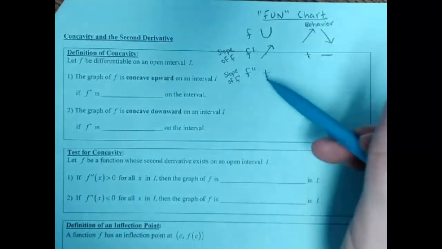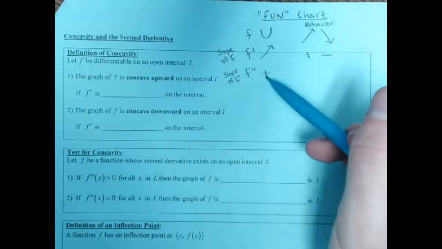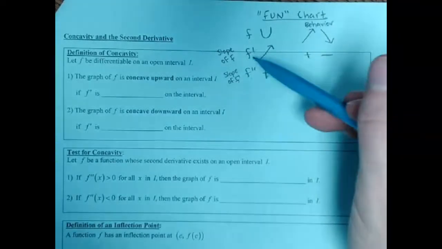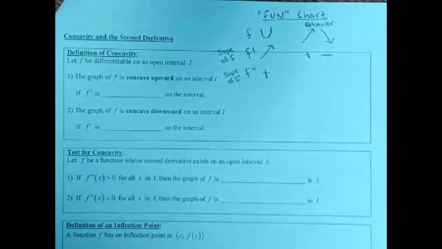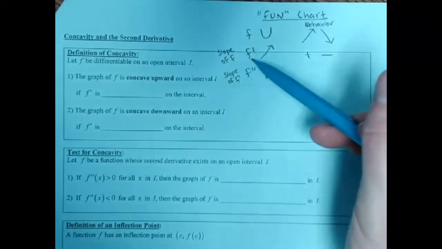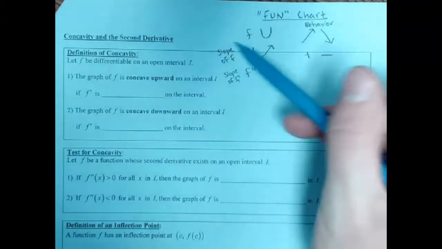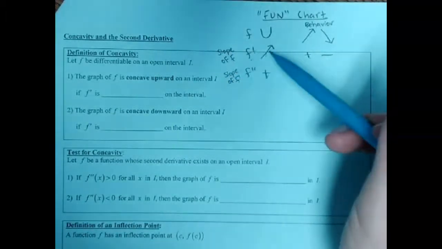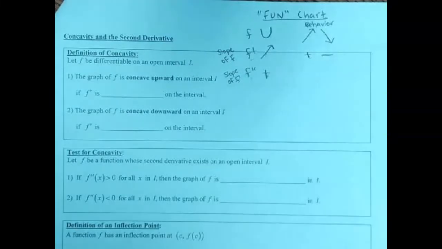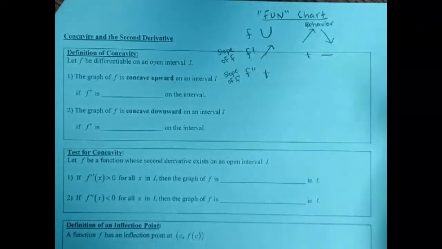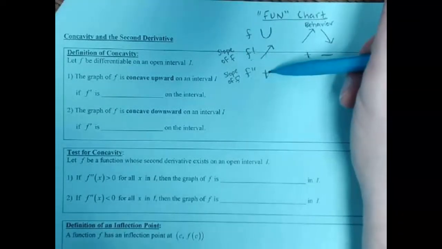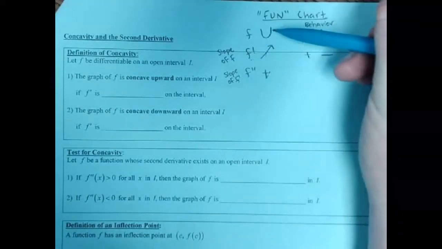So if the second derivative is positive, that means the slope of f prime is positive, which means f prime is increasing. But if f prime is increasing, that means the slope of my original function is getting bigger, and that is going to cause an upwards curvature, concave up. So what you need to remember is the second derivative being positive means your original function is concave up like a cup.